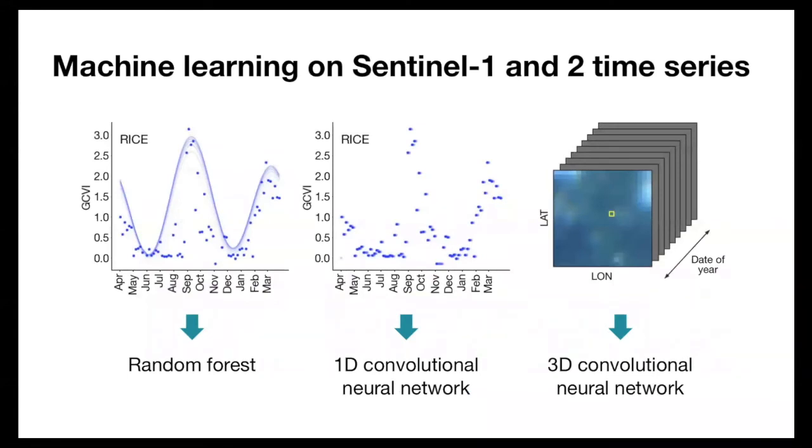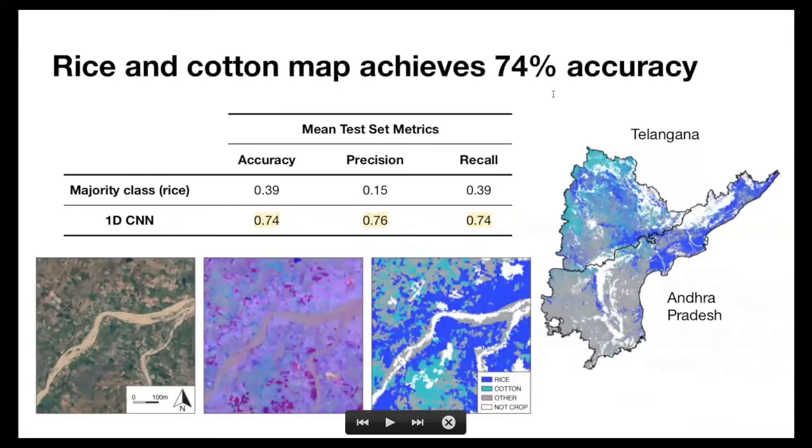I won't go into the machine learning models and their architectures, but we tried 3 different models with different features. The one that worked the best was a 1D convolutional neural network over just a single pixel's worth of time series. With that model, we got 74% accuracy classifying rice, cotton, and everything else.